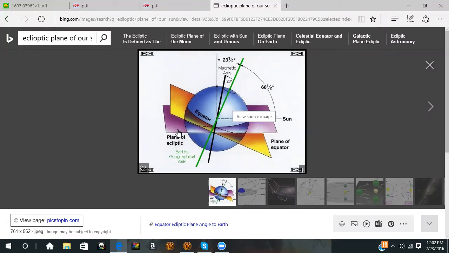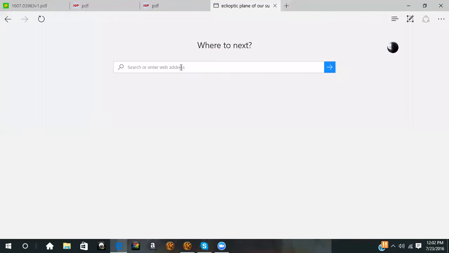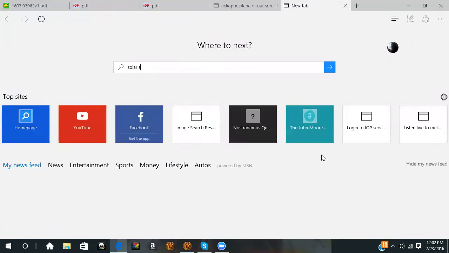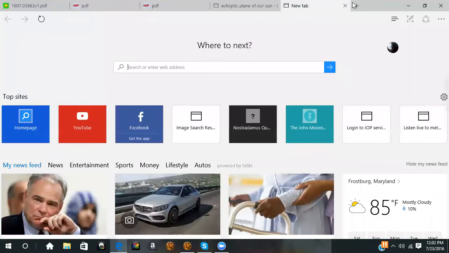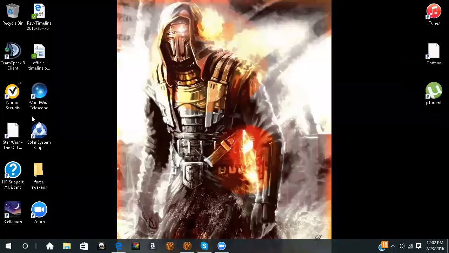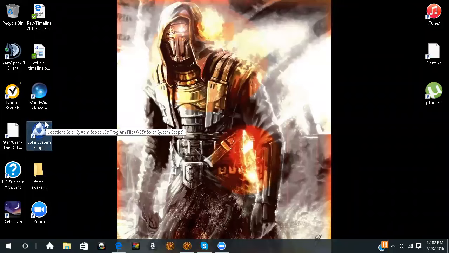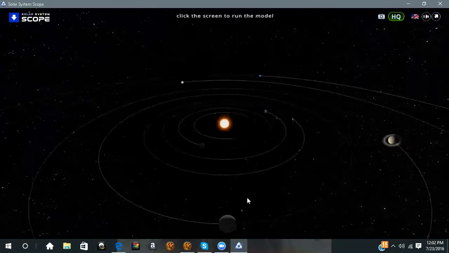That is the table, if you will, that all these things travel around on. I'll bring up one more program to demonstrate this. Actually, I have it downloaded, so just let me open this up real quick. So it's basically the plane that the planets all sit on and rotate around. It's the equator of the sun and its magnetic pole. Everything above it's positive polarity, and everything below it's negative.